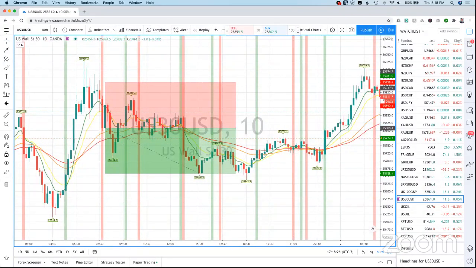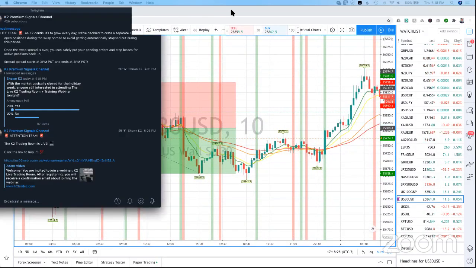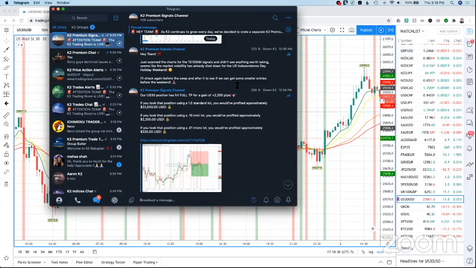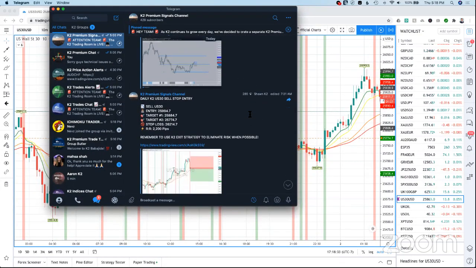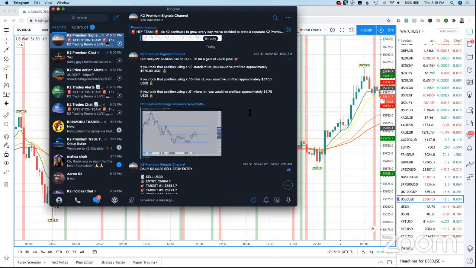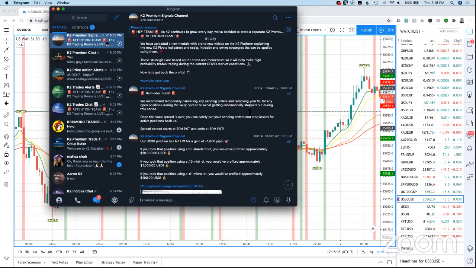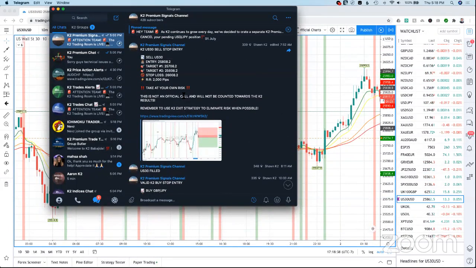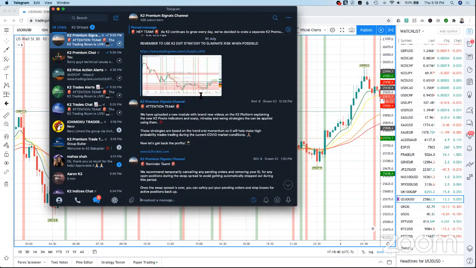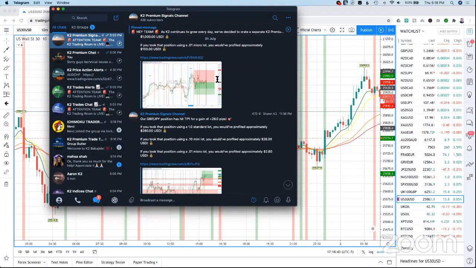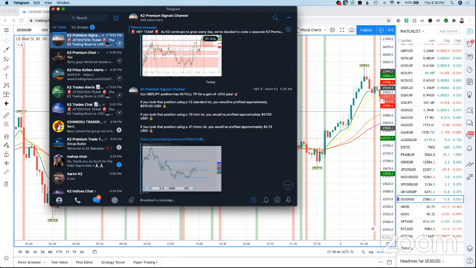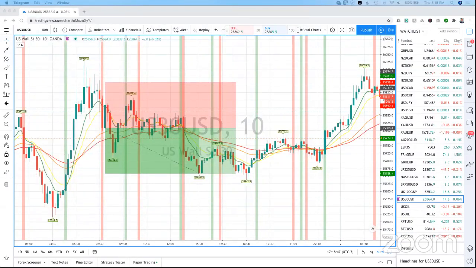Did we hit full TP for that one? Yeah, it was a risky one. I think we only hit TP1, right? Yeah, we hit TP1 and then it reversed.